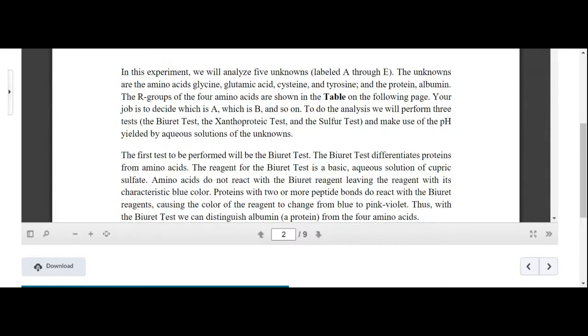Today's experiment is not the study of protein. What it is basically doing is trying to distinguish between proteins and the amino acids. You already took the quiz, and since the quiz was open book, I was very detailed in making the multiple choice questions.